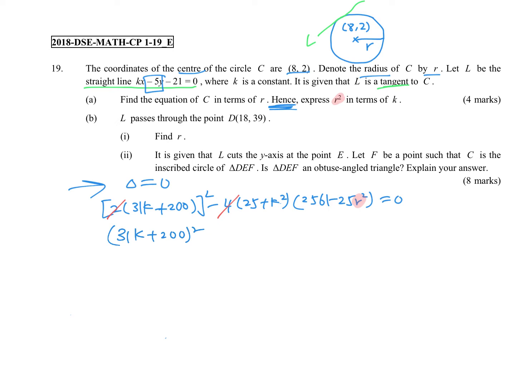So equals 0, so that's why I try to put equals here, and then now bear in mind we need to make r square the subject, and the r square only appears here. So that's why for this term I try to put it on the left hand side, as this is the only subject.